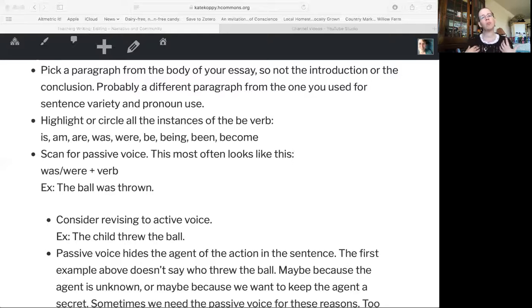But that brings us to the second thing I want you to think about with your use of the be verb. Sometimes the be verb is really the most logical choice, but when we use it too much, it can make our writing feel vague and unspecific.